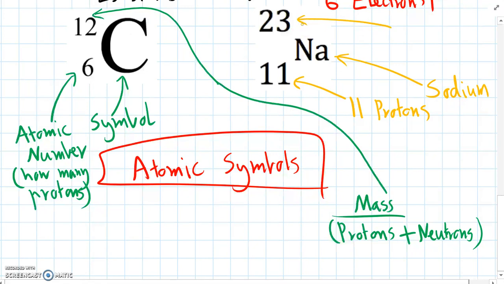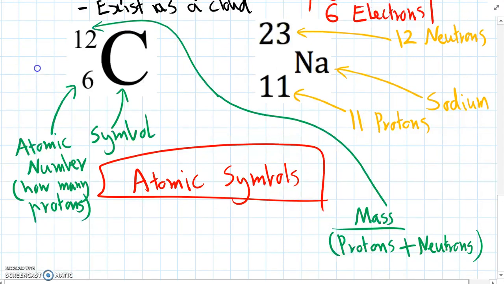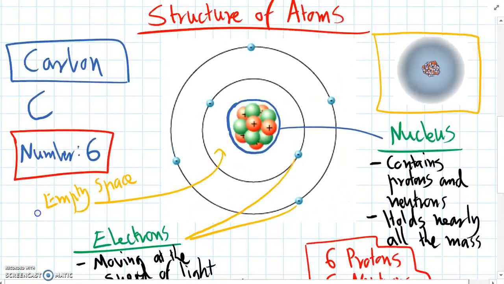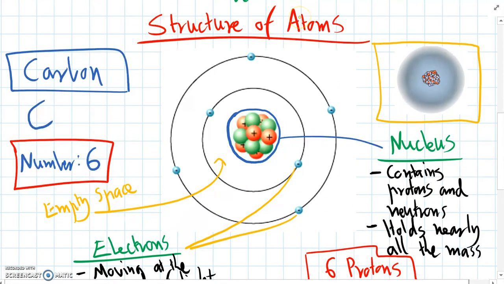So this means we must have 11 protons, and to get to 23, there must be 12 neutrons in sodium. So normally the neutrons are the same as the protons. Sometimes there's 1 or 2 more, and sometimes 1 or 2 less. So remember, all atoms are made of protons, neutrons, and electrons.